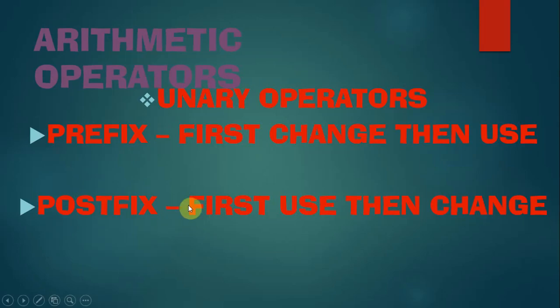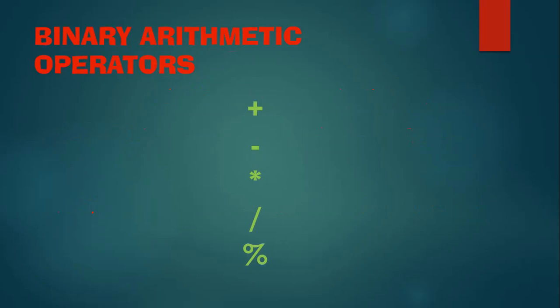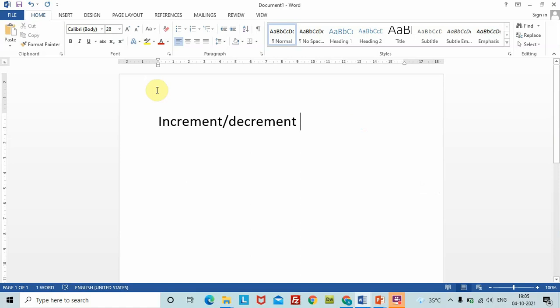So in postfix, first we use, and then after we have used, we change the value. Change means increment or decrement. We can increase the value or we can decrease the value. Next comes the binary operator. Binary operator, all of you must have studied about expression, or you have heard about the word equation.